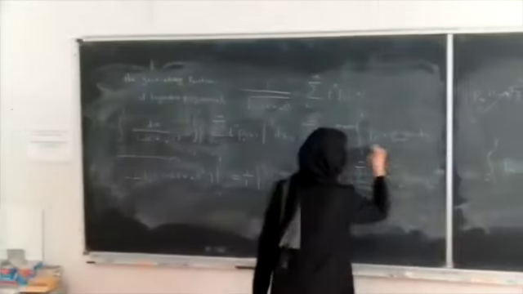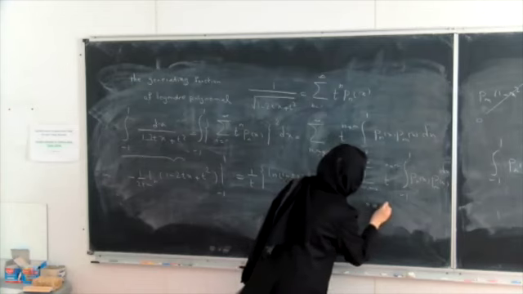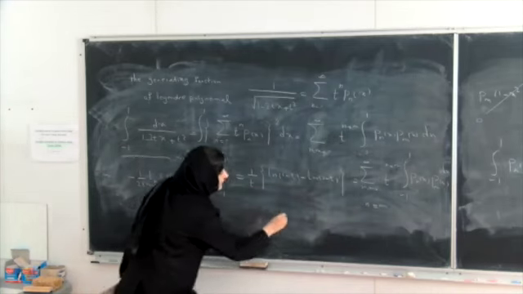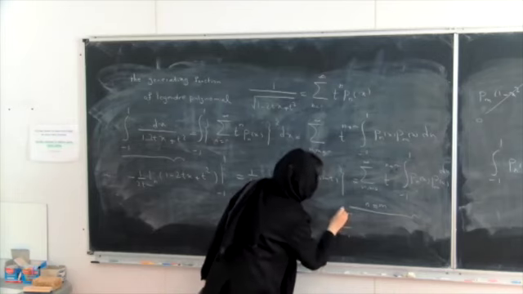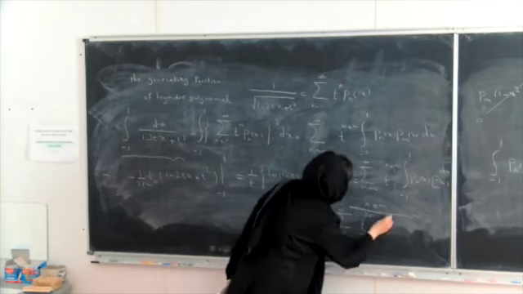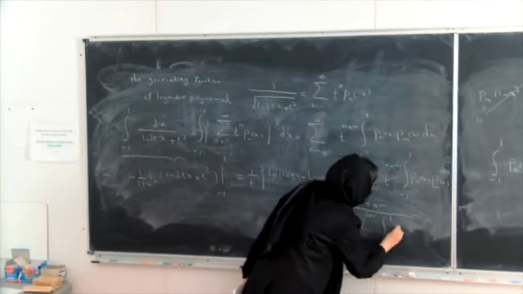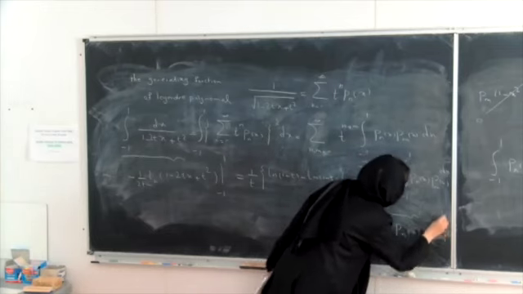So here it should be n equals to m. So we have here the sum to infinity of t to the 2n times the integral from minus 1 to 1 of Pn(x) Pm(x) dx.